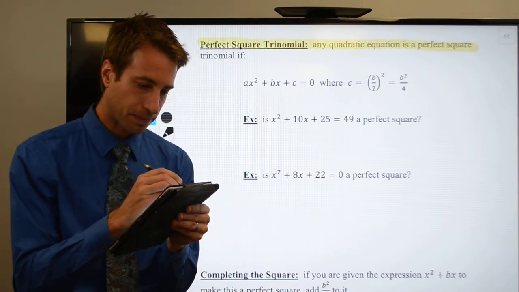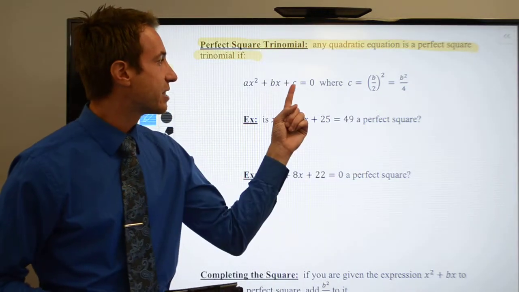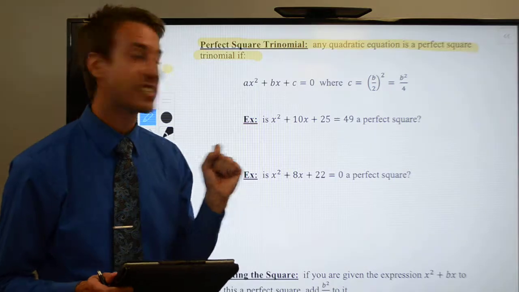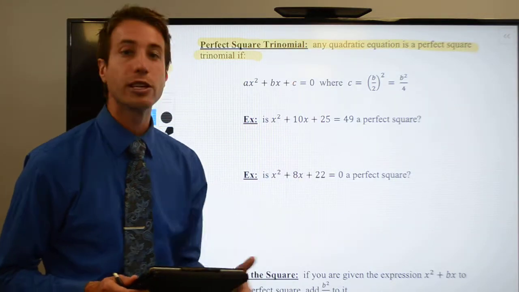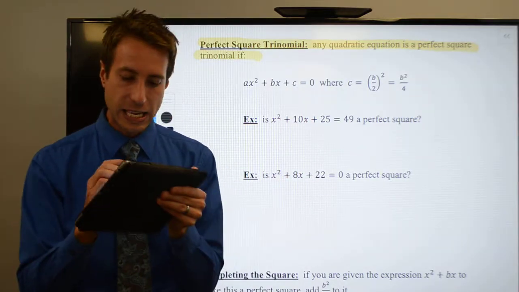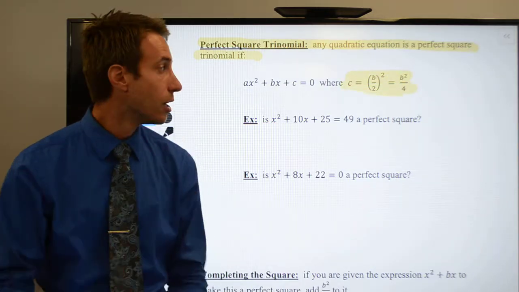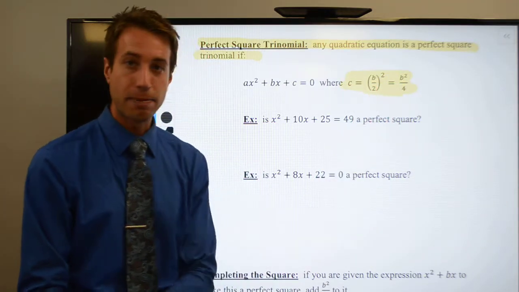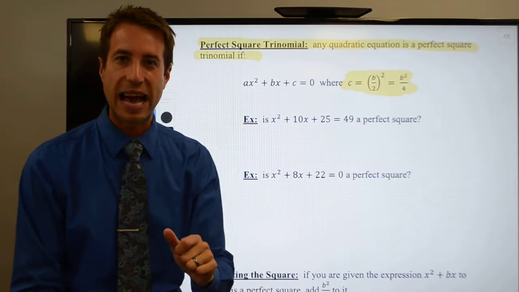Now it's time. The way that you complete the square is that when the quadratic is in standard form, ax squared plus bx plus c, the value of c must be equal to b divided by 2, squared, which I almost will never write it that way.